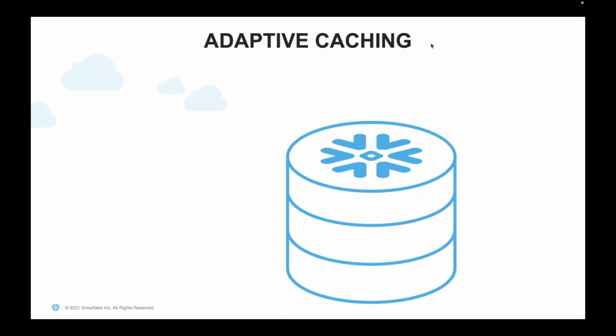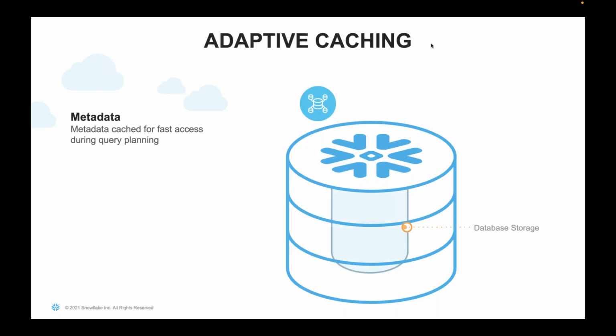The other thing is Snowflake also supports caching. What is caching? Snowflake has three levels of caching. The metadata cache resides on the cloud services layer. In the Snowflake infrastructure, there are three layers: first is the cloud services layer, second is your compute layer, and third is your storage layer. The metadata cache resides on the first layer, the cloud services layer.